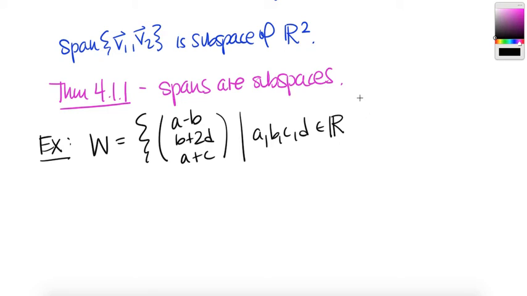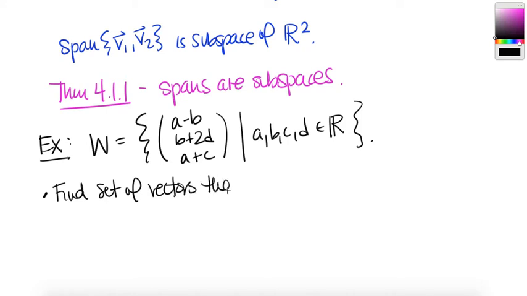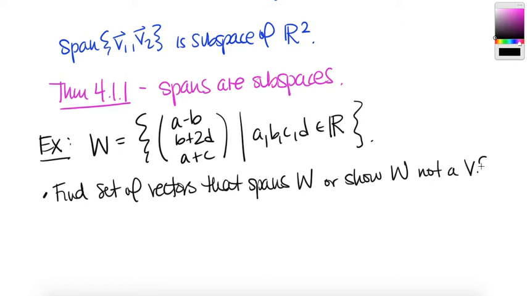There's 4 of them, but they are all real numbers. What I want to do is find a set of vectors that spans W, or show that W is not a vector space.